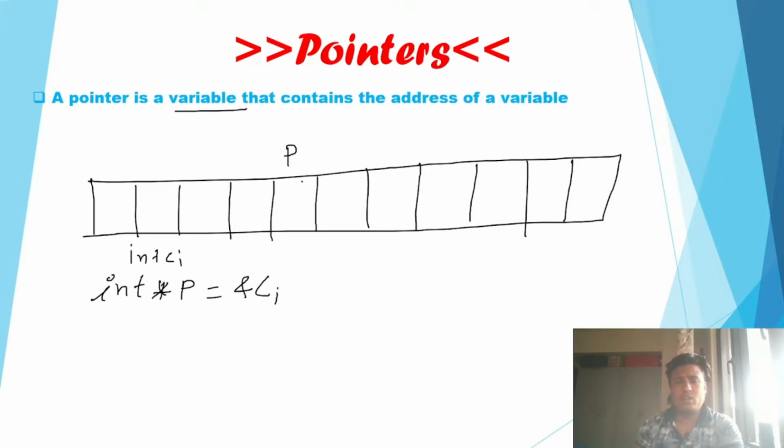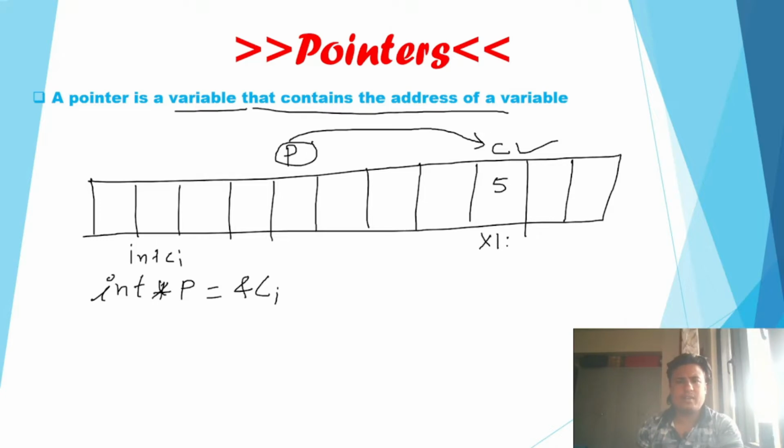So it is also a variable. It will be located at some address in the memory of the computer, and it will point to some non-pointer variable which has some value, and using this pointer we can now access that variable. So a pointer is a variable that contains the address of a variable. Suppose this has some address like x00, so x00 will be stored in this.